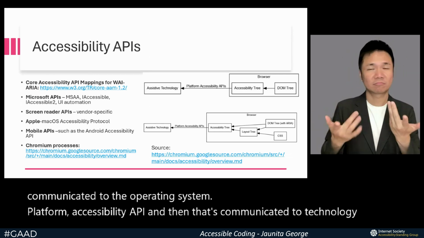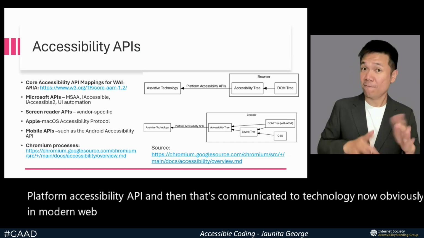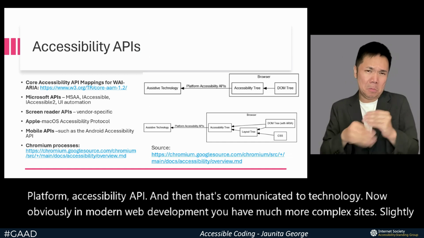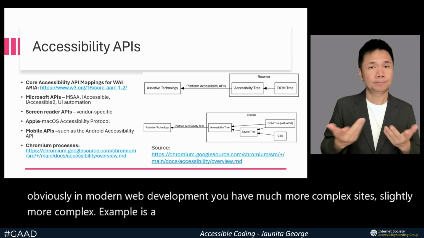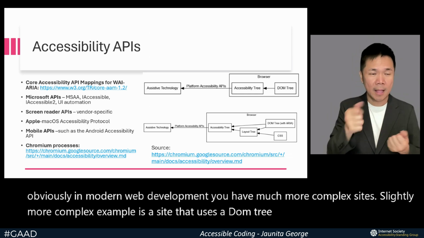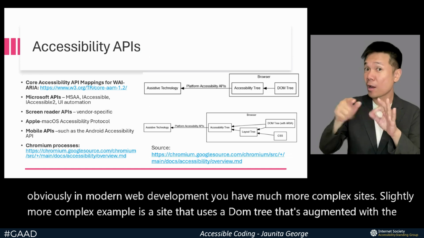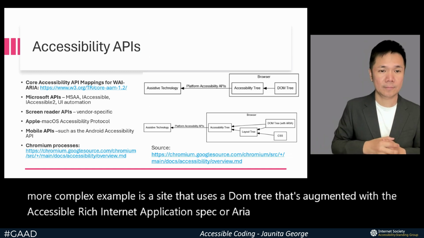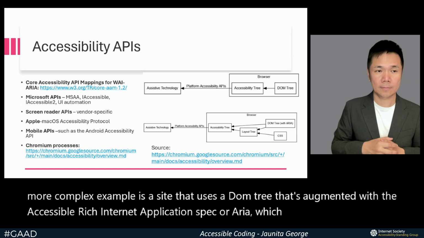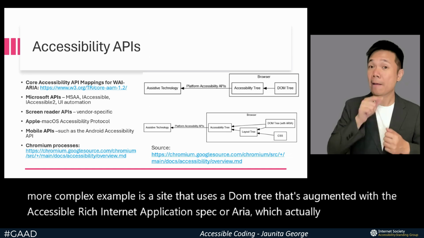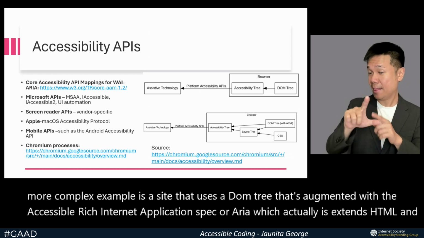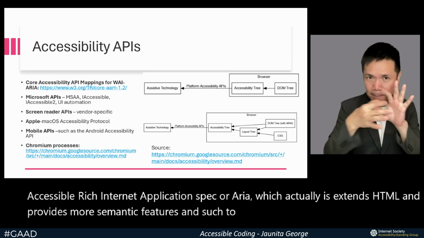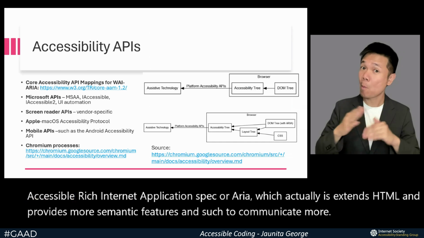Now, obviously, in modern web development, you have much more complex sites. A slightly more complex example is a site that uses a DOM tree that's augmented with the Accessible Rich Internet Application spec, or ARIA, which extends HTML and provides more semantic features to communicate more information to assistive technologies.